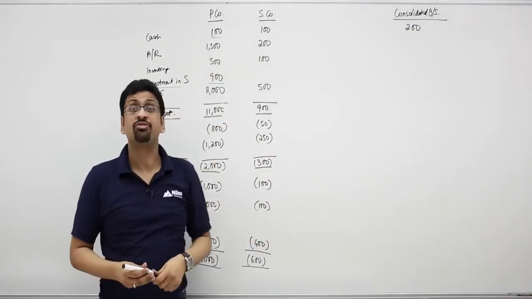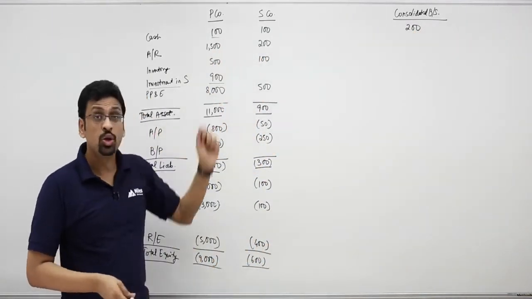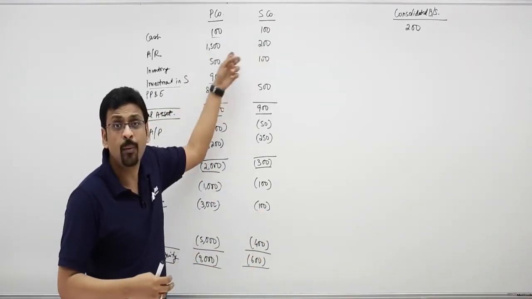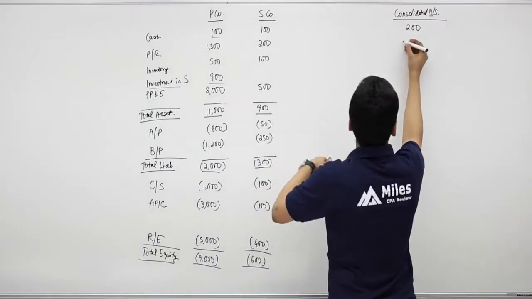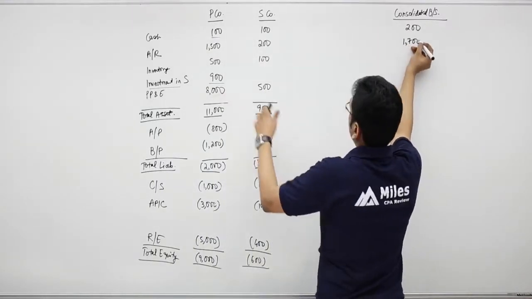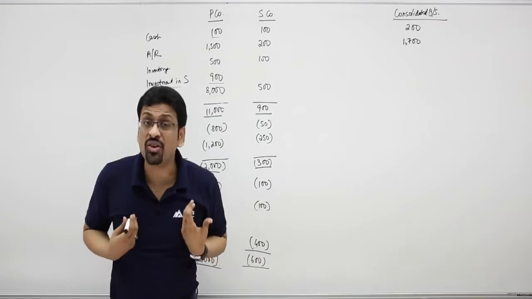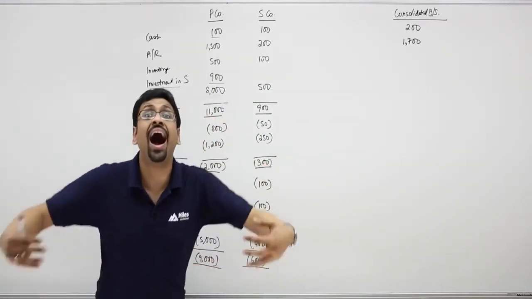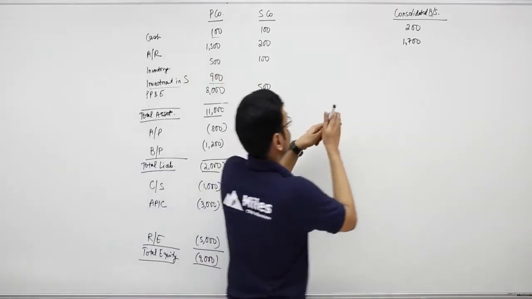My receivables $1,500, your receivables $200, our receivables $1,700. Now inventory: my inventory $500, your inventory $100, our inventory $600.